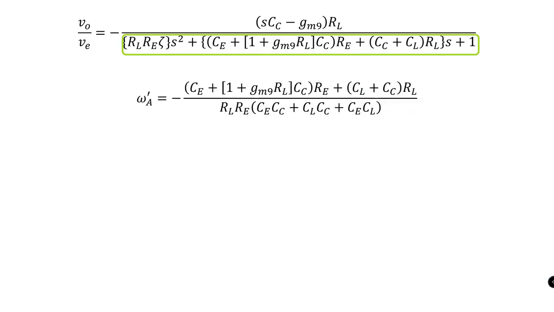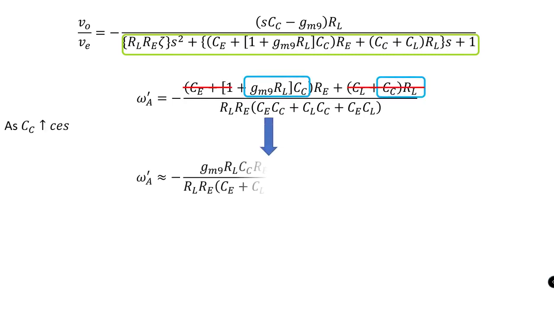Now let's focus on our non-dominant pole expression and see what happens when the value of Cc is increased. Based on the above-said reason, one can strike out all other terms, leading to a much simplified expression for this omega A prime expression.